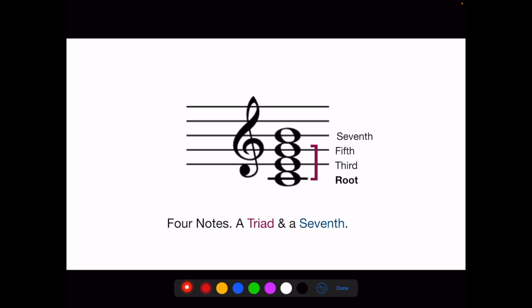So remember when we were dealing with intervals, we learned how to count, right? So from C up to the B is C, D, E, F, G, A, B. It's 1, 2, 3, 4, 5, 6, 7. And that is why we call it a seventh.